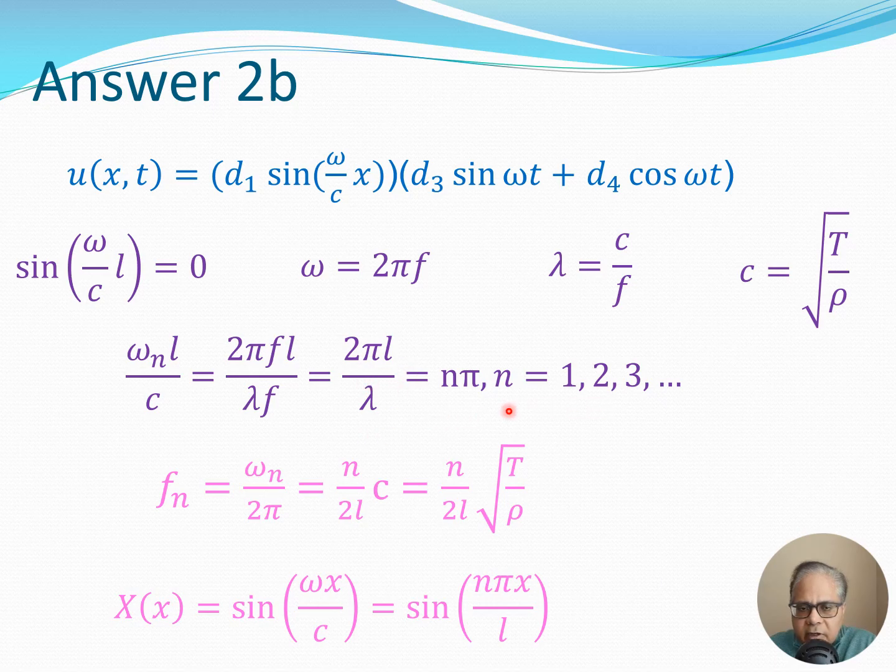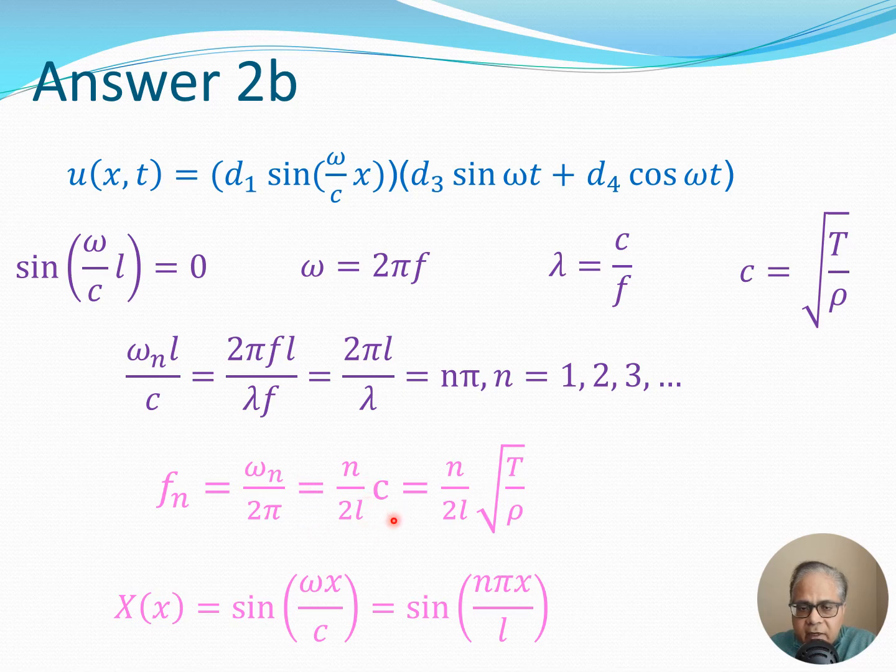Now remember, there are an infinite number of these frequencies out there. So this is a continuous system. So there are going to be an infinite number of natural frequencies of the system. So from this equation, I can then get that fn, or the natural frequency in hertz, is omega n by 2 pi, which is n by 2L into c.